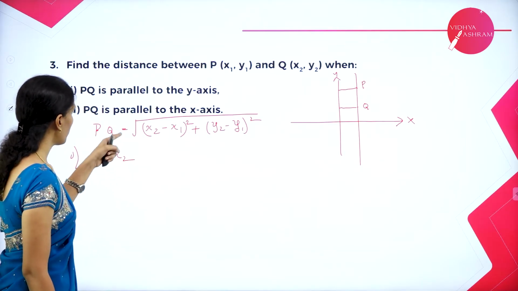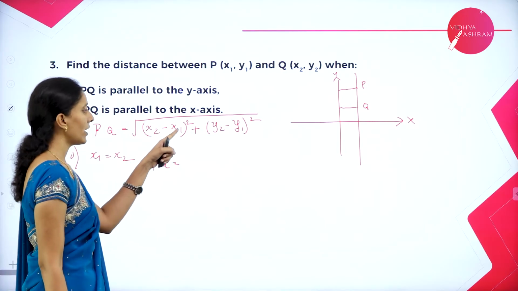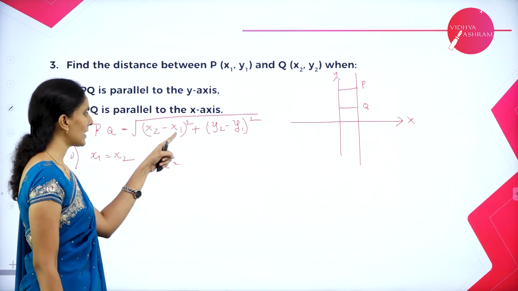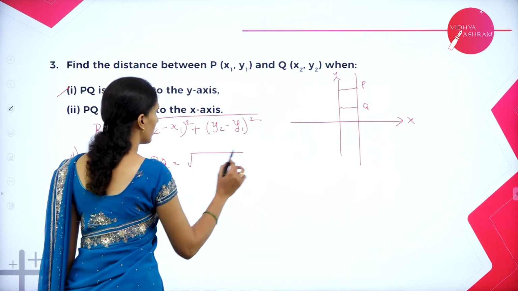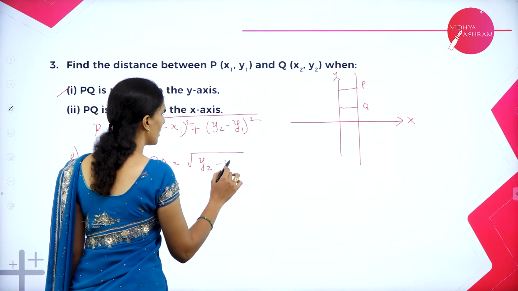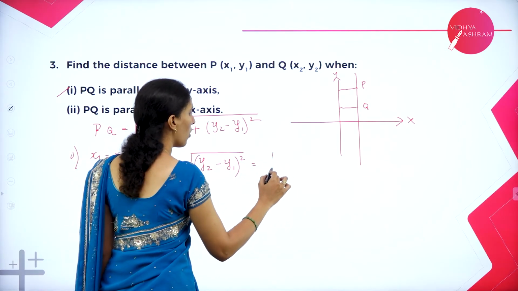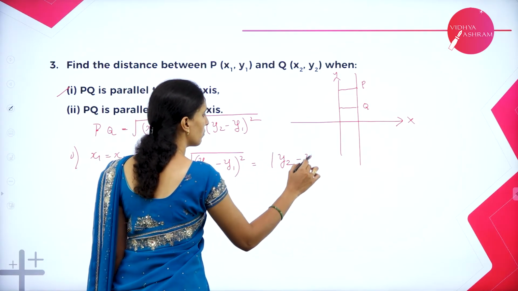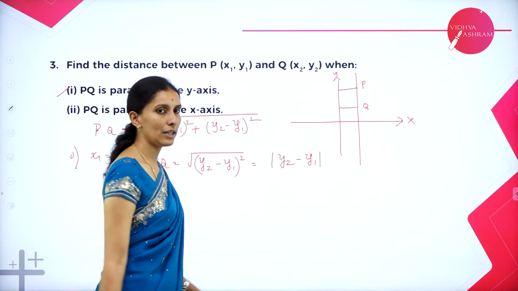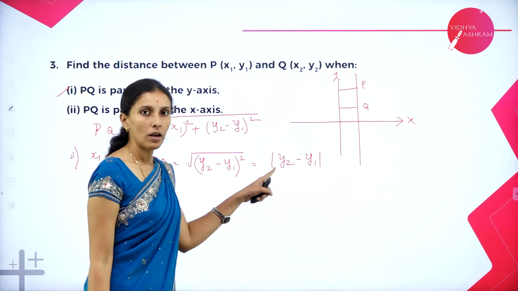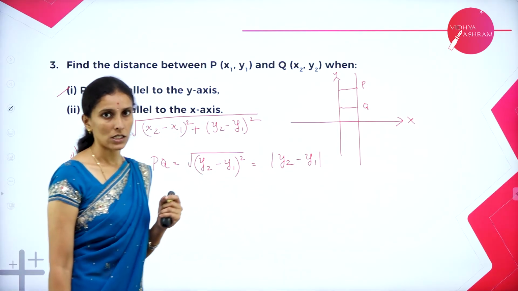If I substitute in this formula, since x1 and x2 are the same, they get cancelled. So we get PQ as the square root of (y2 minus y1) whole square, or we can take it as modulus of y2 minus y1. If you get a negative value, square and square root cancel, so make it positive because it is a distance.